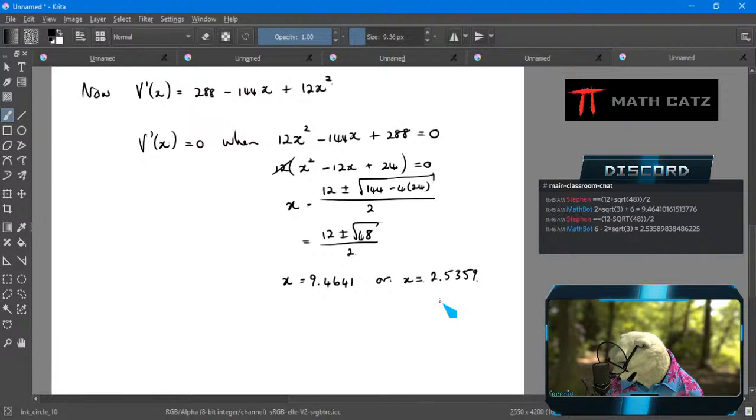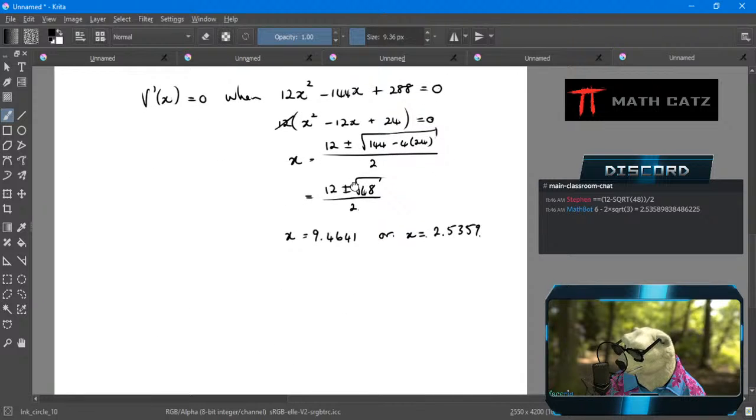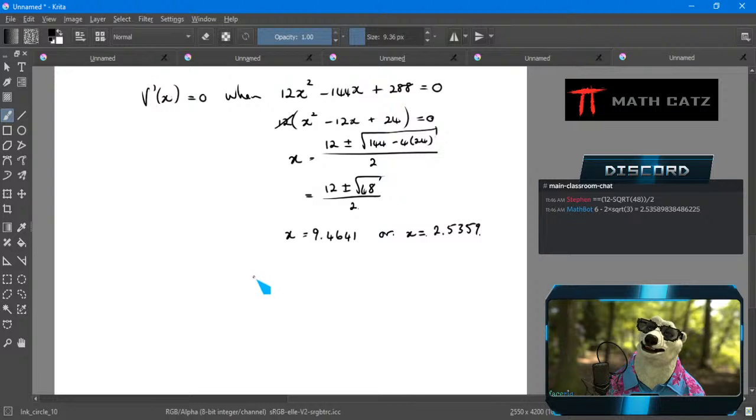All right. So when I look at my practical restriction, 0 to 6, I see that though this function didn't know, there is a critical point at 9 point something and at 2, but I can't cut out this much.